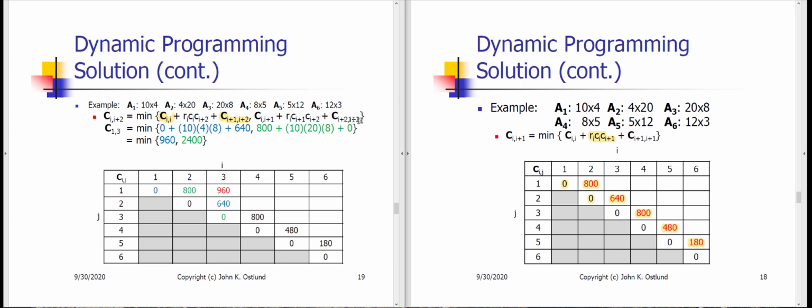Okay, so those are the combinations involving three matrices. And once again, we can fill in these numbers from the matrix by doing a simple computation.